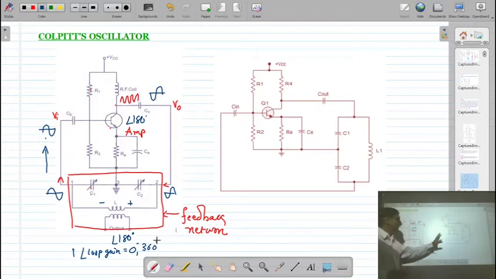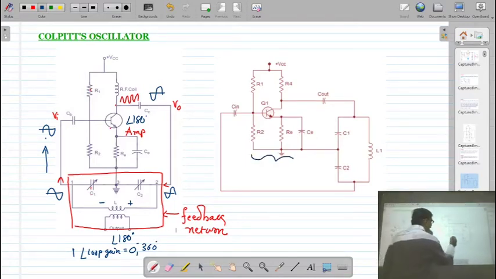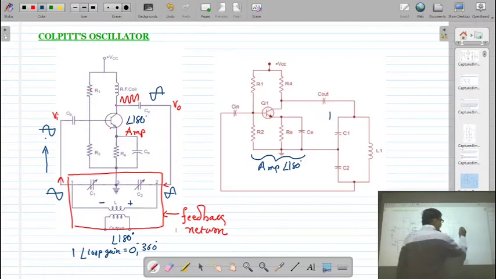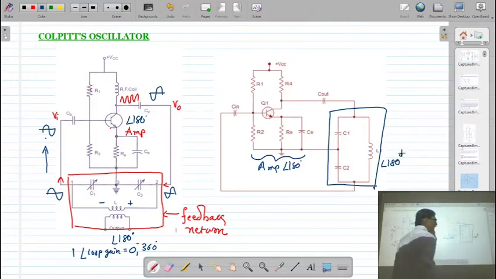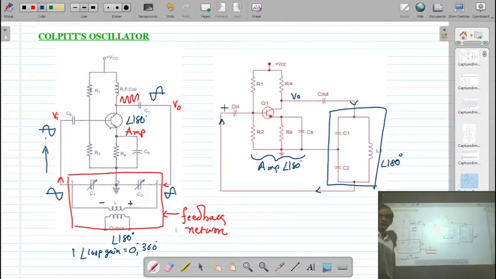Now if you look at the same thing in the other circuit, this is an amplifier which introduces a 180 degree phase shift, and here we have the feedback network, which introduces another 180 degree phase shift. So the output voltage of the amplifier is the input for this feedback network, and the output of this feedback network is again the input of this amplifier circuit.